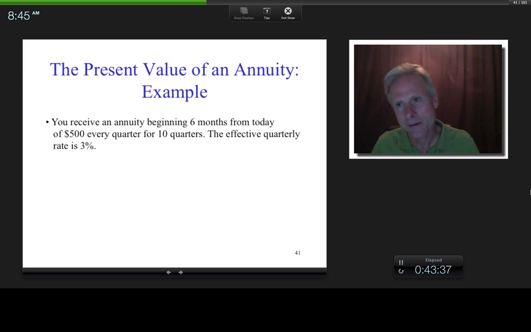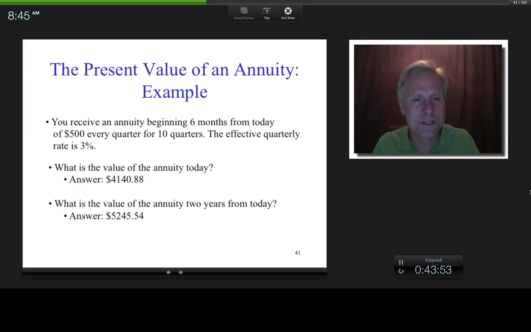They're just going to say, hey, we pay 6% compounded daily, or whatever it is. But since we've already done a bunch of effective rate problems, I'm just giving it to you right here. So the effective quarterly rate is 3%. And the question is, what is the equivalent amount worth today? And what is the equivalent amount worth 2 years from today?